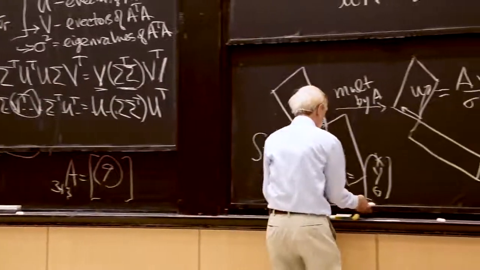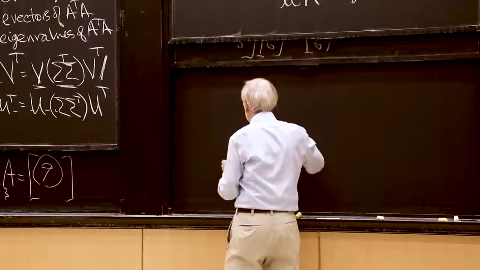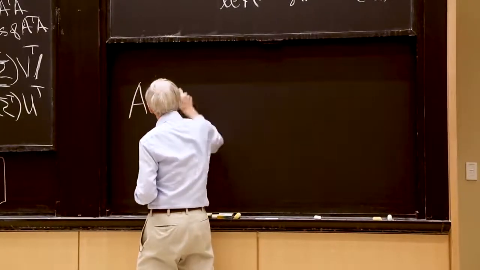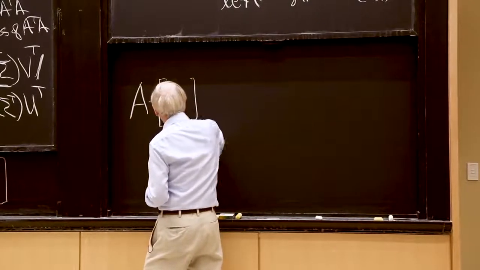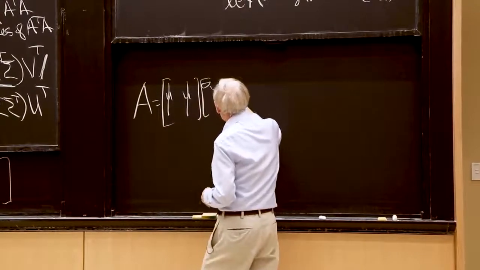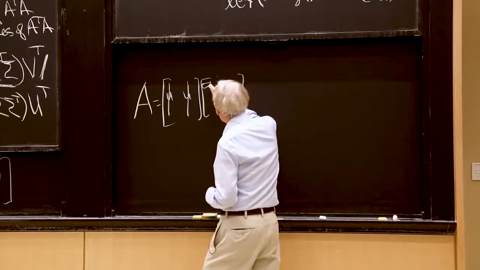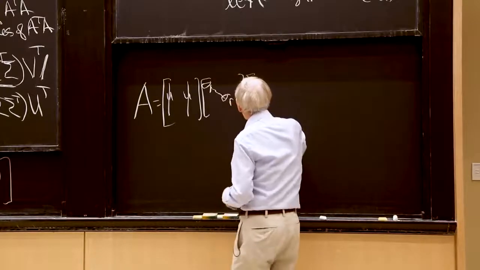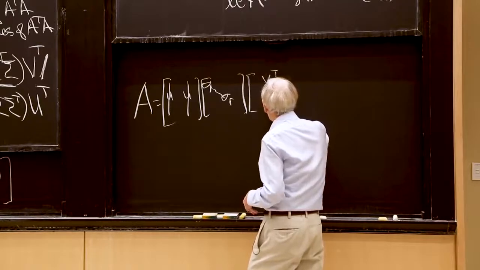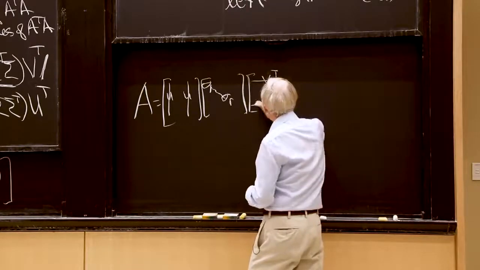So let me write out A is the U's times the sigmas 1 to R times the V's, V transpose, V1 transpose down to VR transpose. So those are across.